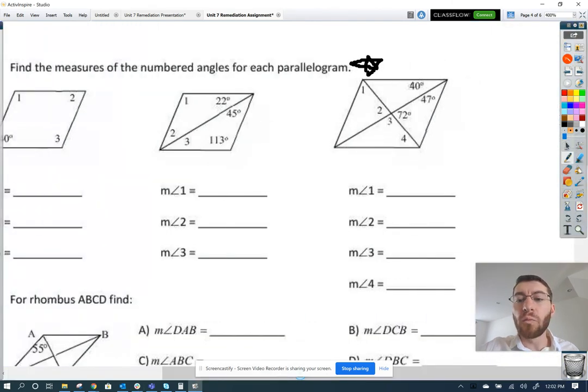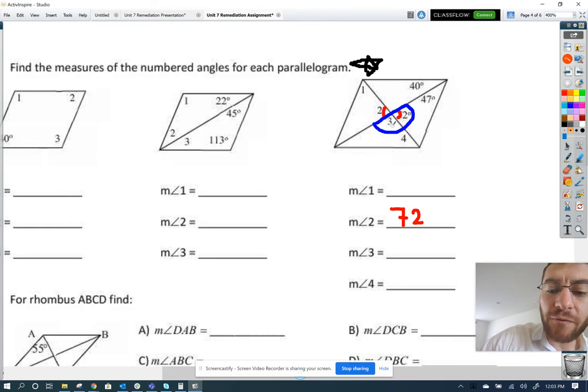Right off the bat, I really like to look at vertical angles first. I find that those are sometimes the easiest for a good portion of students to recognize. Vertical angles are angles that are equal to each other and they are across from each other when two lines intersect. And then a lot of people like to go next to linear pairs. Linear pairs are like angle 2 and angle 3. When we draw it in like that, they appear to form a semicircle, and so these two angles add up to 180.